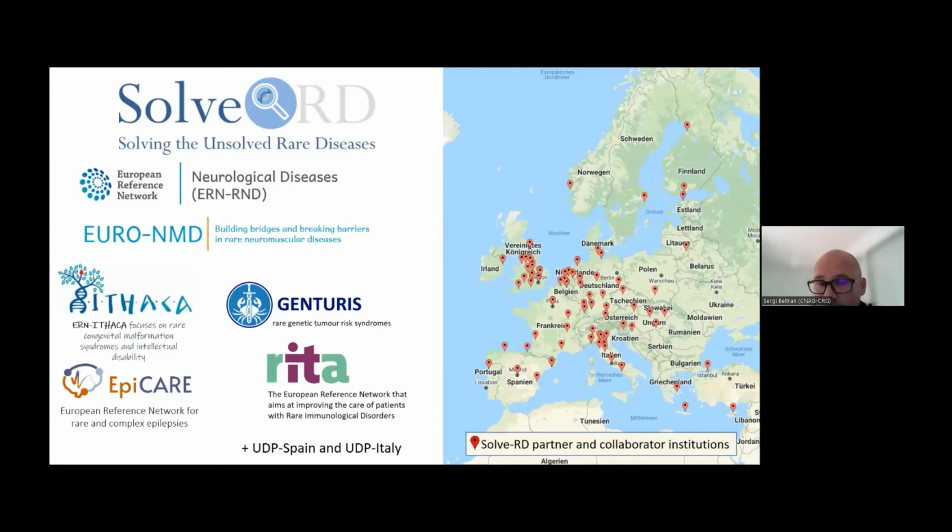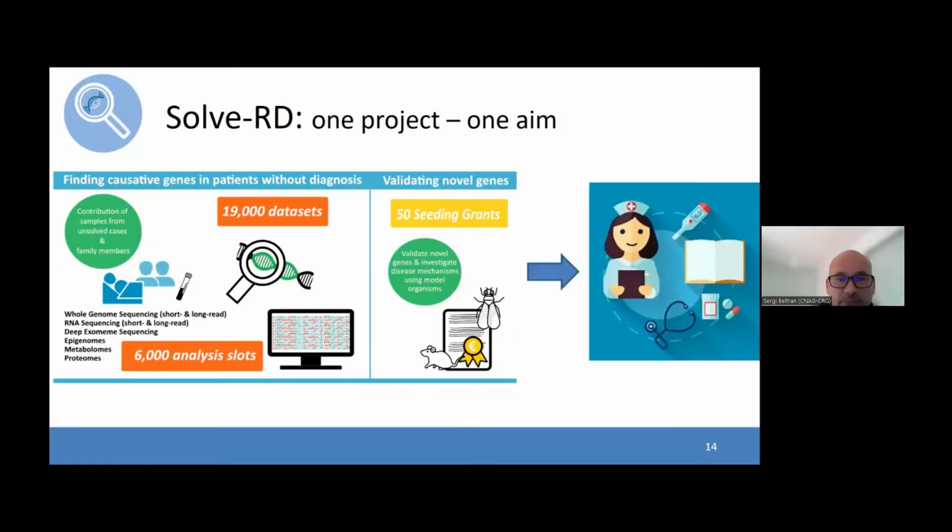There are 24 of them, and you can see here that we are collaborating with 6 of them in this project very closely, and that they are centers distributed across Europe, contributing data and expertise into this project. Besides the European reference networks, we also have the undiagnosed disease programs from Spain and Italy working together in this project.